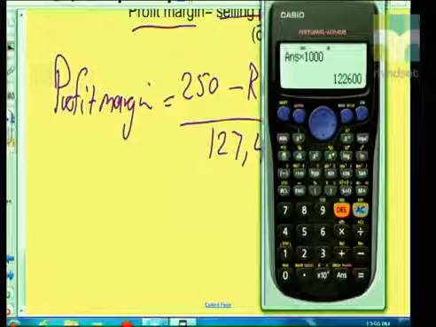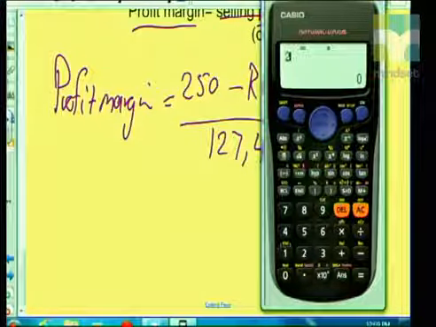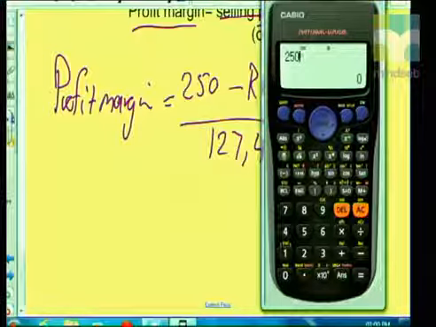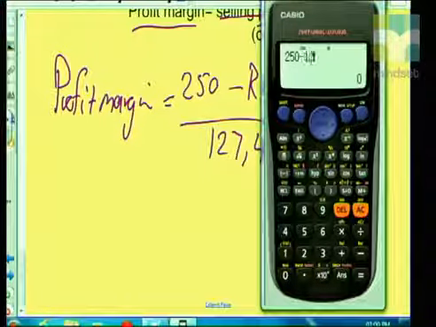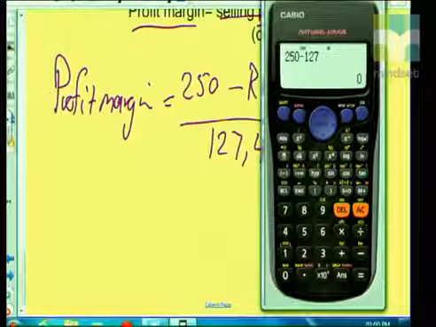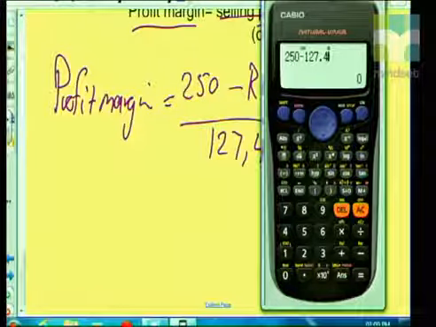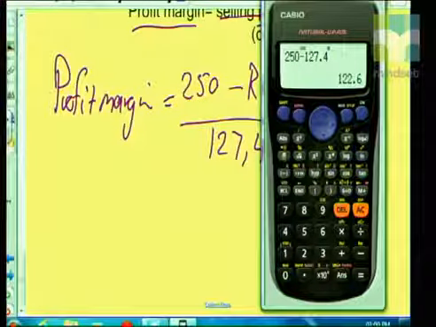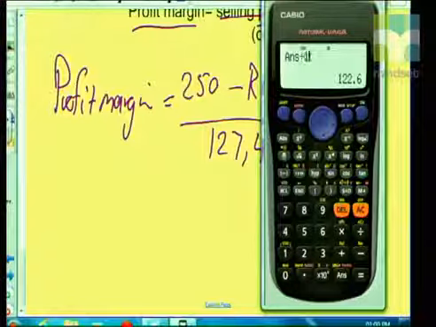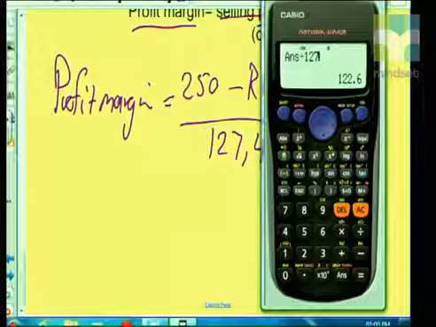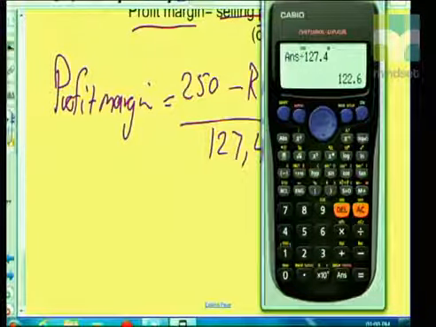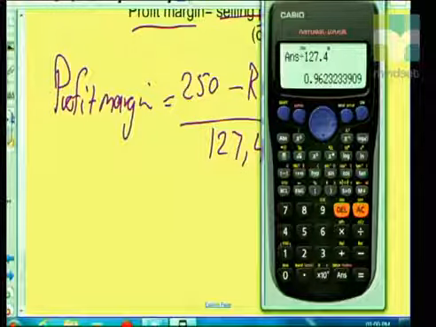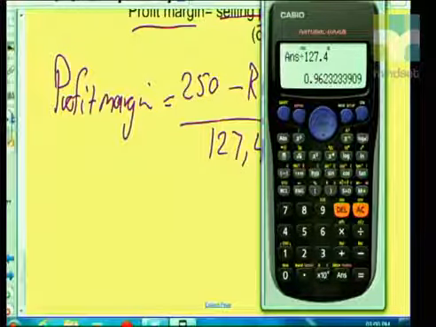There we go. We're going to say 250 minus 127.40, and we're going to do that as an equal, and then divide it by 127.40. And it gives us a profit margin of 0.96.